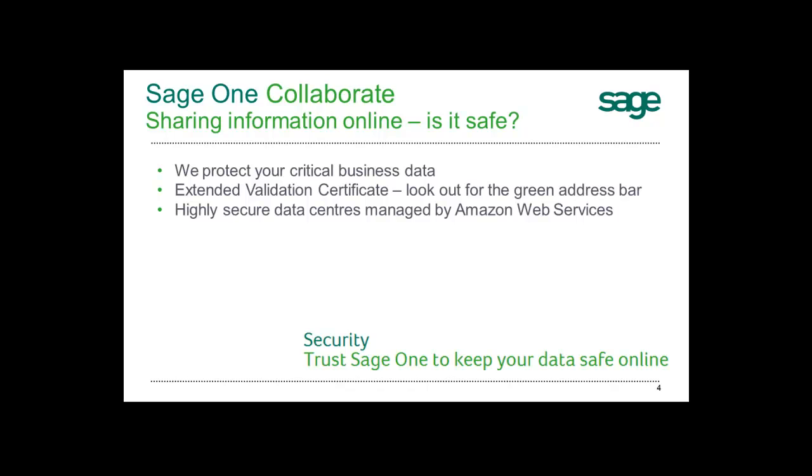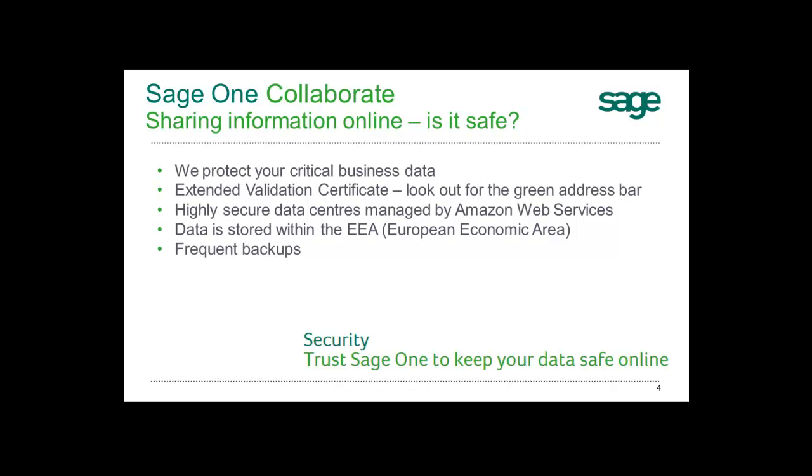Our highly secure environment is managed by Amazon Web Services, and we store your data in the UK, which ensures that it falls under the European law regulations. If a provider's servers are outside the European Economic Area, they will most likely be in the USA, so they'll need to be part of the US-EU Safe Harbor framework.